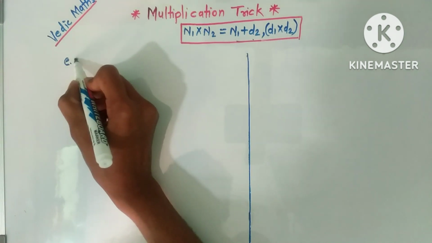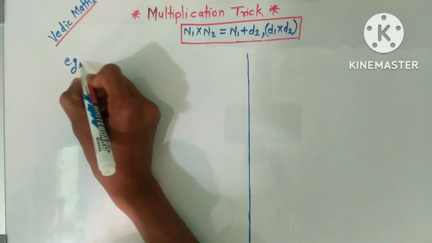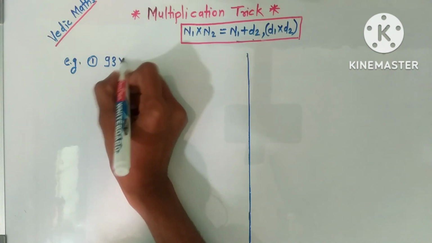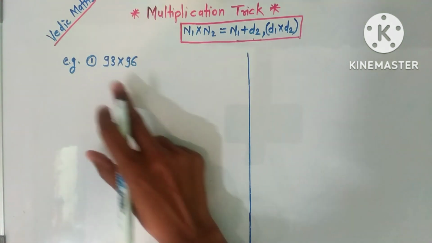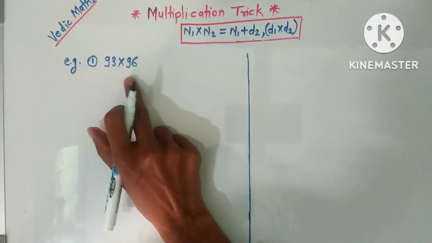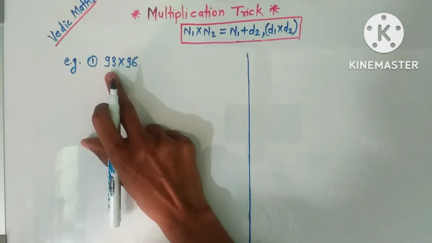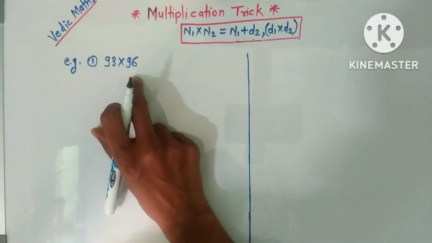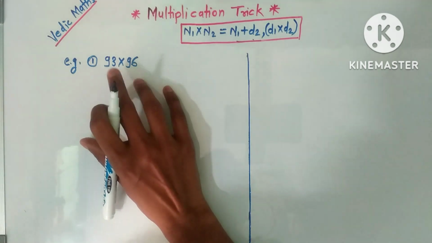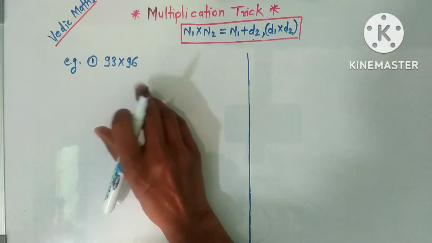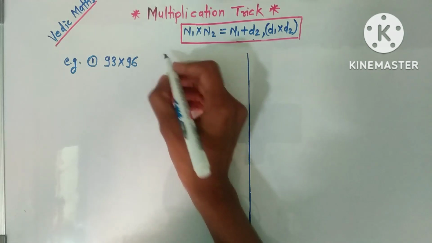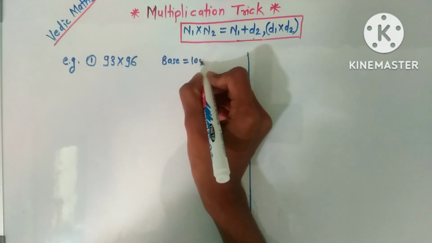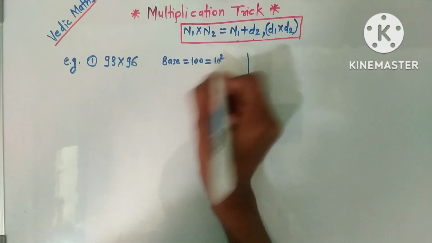For example, we consider one example: 93 into 96. We see that both these numbers, 93 and 96, are near to 100, or we can say both are below 100. As these numbers are near to 100, we consider the base as 100, that means 10 raised to power 2.